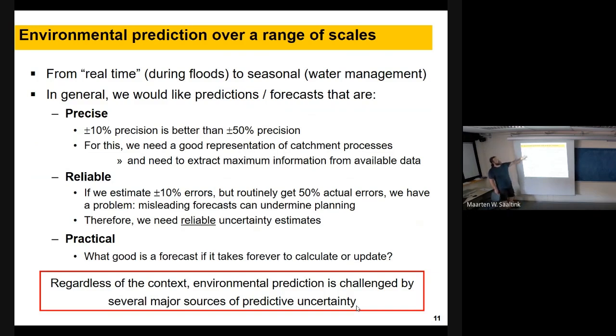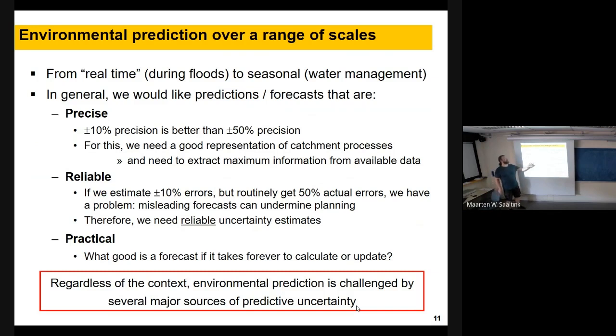That's something that I think is fairly apparent, but the second criterion is one that perhaps is a bit less widely known, the concept of reliability or statistical reliability. Reliability can mean many different things to different people. In statistics, in probabilistic prediction, we're talking about the correspondence between the uncertainty estimate that comes from our method and the actual errors that take place in reality.